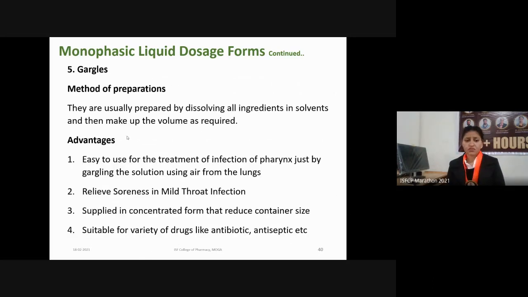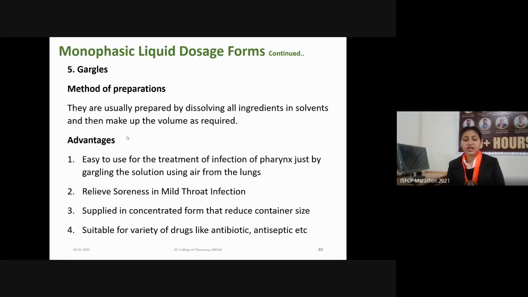Now, the methods of preparation. They are usually prepared by dissolving all ingredients in solvents and then making up the volume as required. We simply have to dissolve all the ingredients in the solvent. The simple solution method is used for the preparation of gargles.